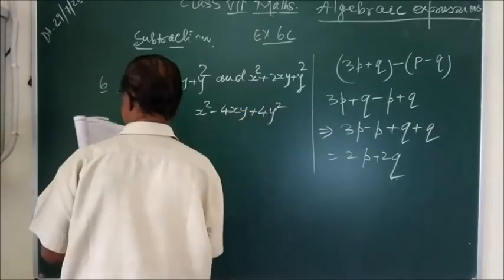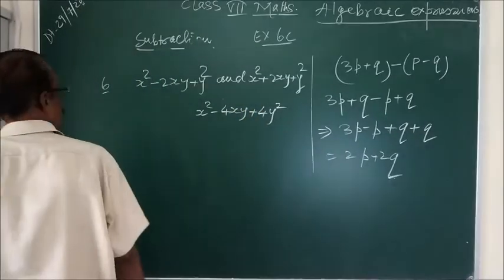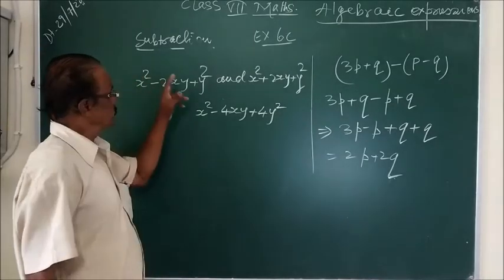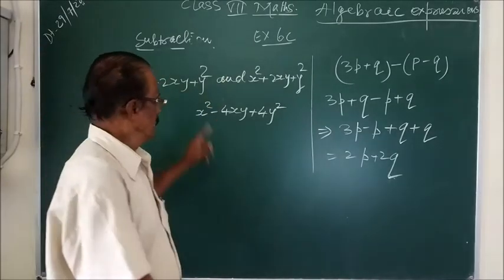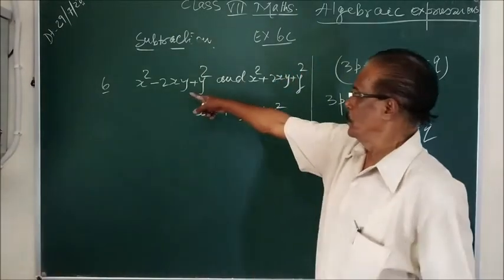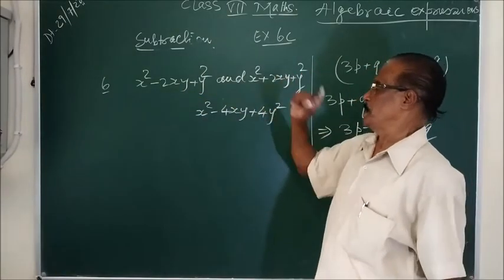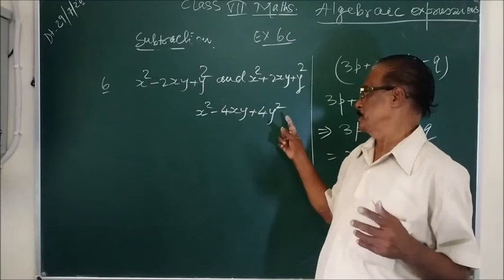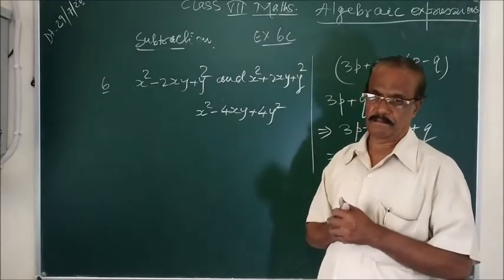You try to understand what is the question. From the sum of this trinomial and this trinomial, subtract another this trinomial.